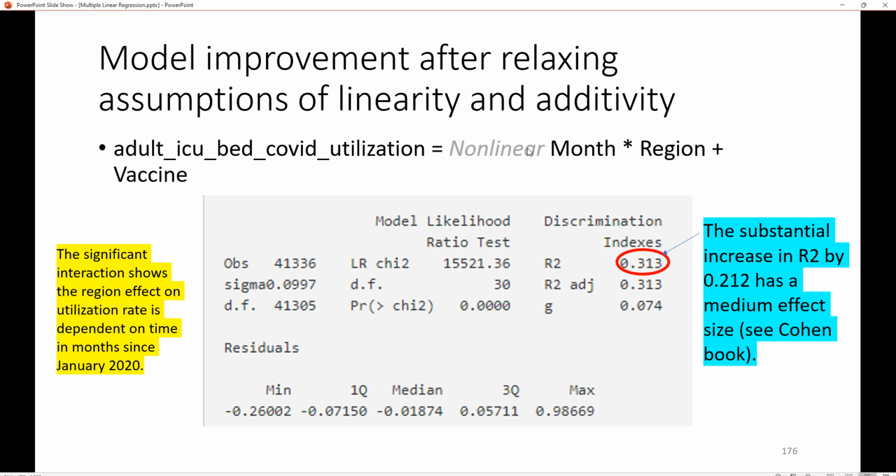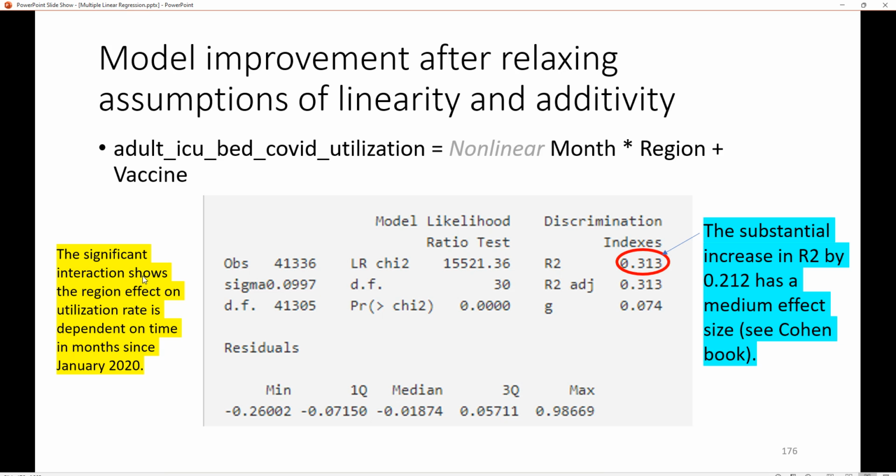And so when we look at this model formula, adult ICU bed utilization is defined as a nonlinear month, and that asterisk represents the multiplication term. So we have month times region plus our vaccine. We're going to try to use that information about the differences between regions as well as the differences in the trend over time.